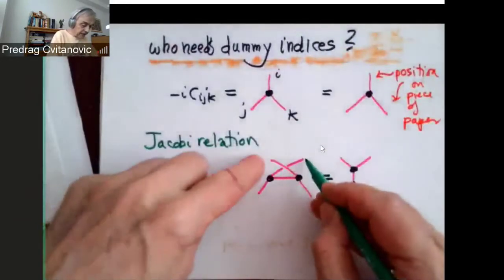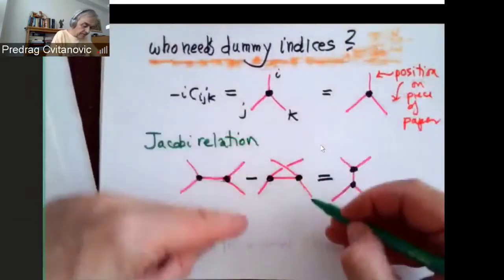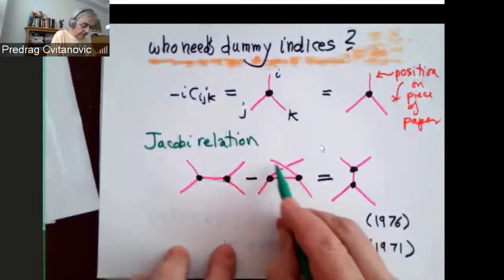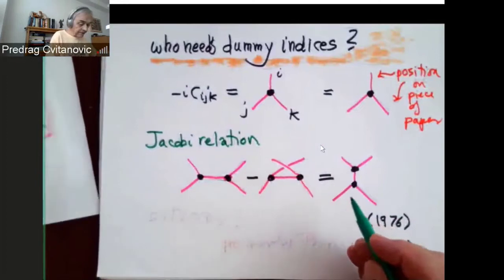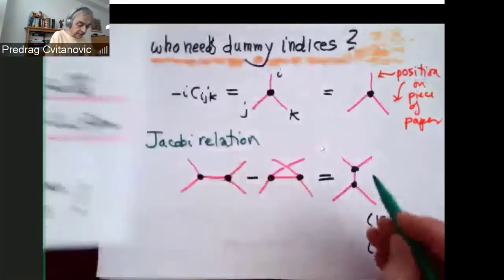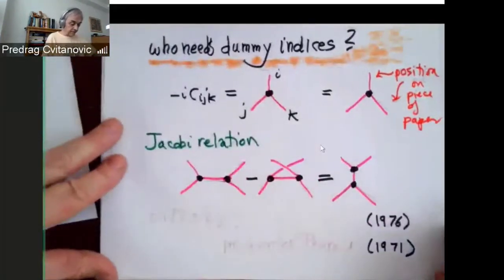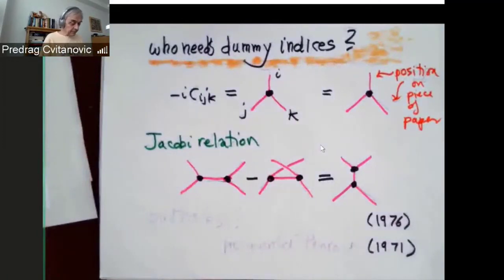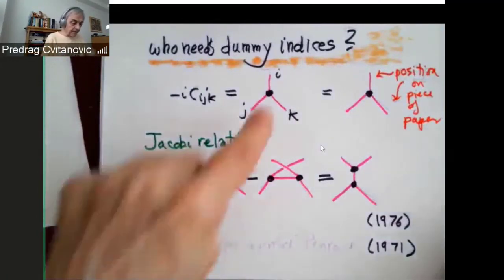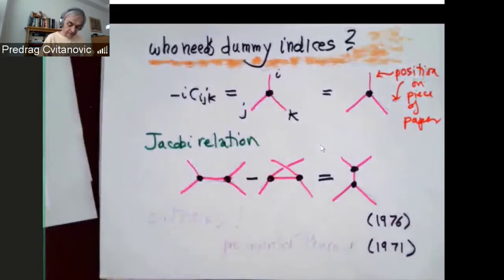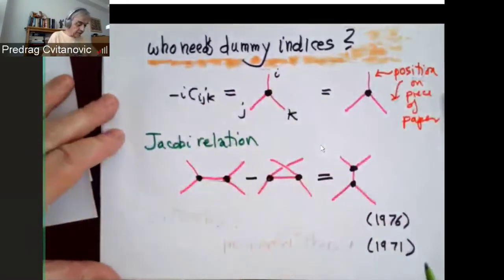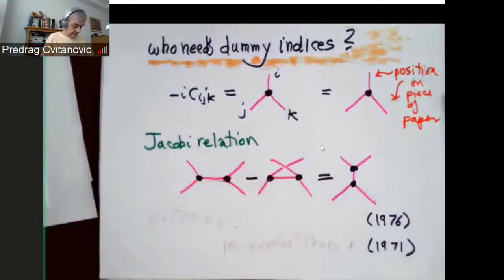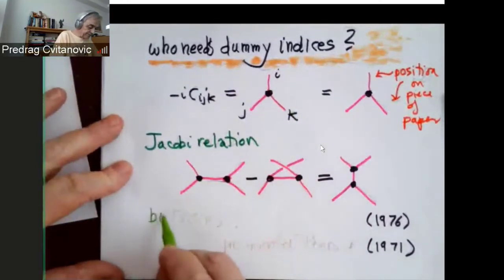So I keep the same place on the paper here, and I just interchange them. And it says, that's this thing here, but when you draw it, it looks like that picture. And once you understand this kind of picture, you never need to put these stupid dummy letters, indices, again. You can do all calculation in what I call Birdtracks.